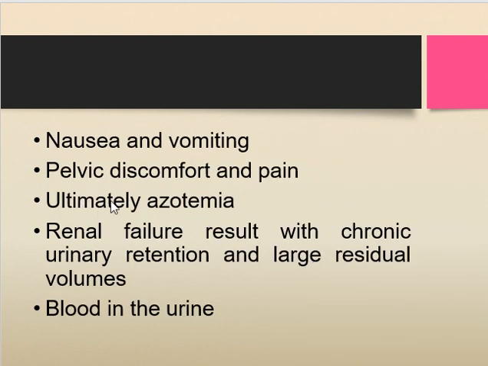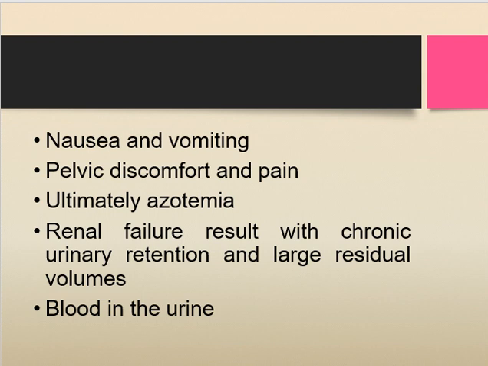Then ultimately azotemia. Okay, and what is called azotemia? It is elevated levels of urea and nitrogenous waste products, because I already told that urine is an excretory product. It has to be excreted out from our body. It contains all the waste products of our body. So when it is retained, then what happens?